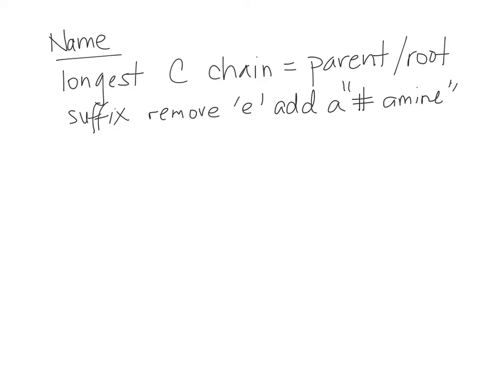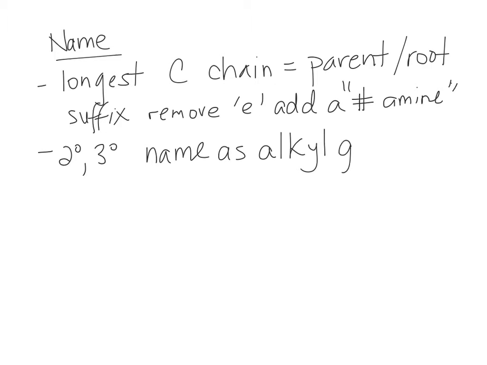If you have another carbon chain, that carbon chain becomes an alkyl group, and we list them alphabetically. So the other carbon chains, if they are there, if it's secondary or tertiary, you're going to count the carbon chains, name them as alkyl groups, but you're going to put a capital N in front.